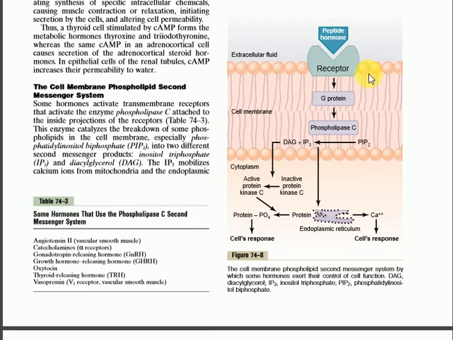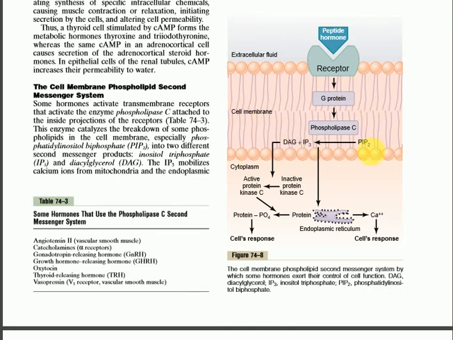Here you can see all processes occur inside the cell membrane, while in the previous mechanism, the reaction was occurring in the cytoplasm. Phospholipase C is responsible for the breakdown of the phospholipids. These are the phospholipids. Okay, this is the head of the phospholipid, and this is the tail of the phospholipid.